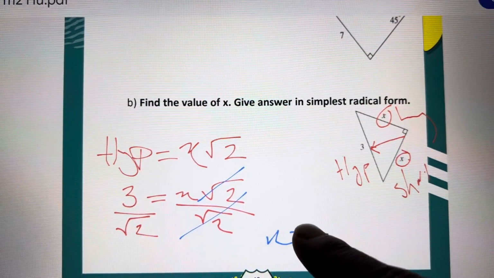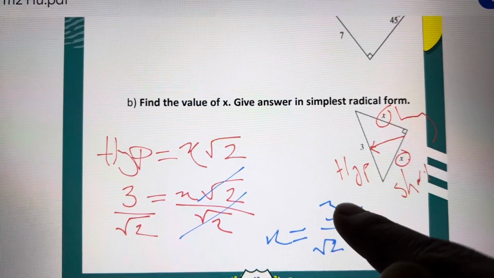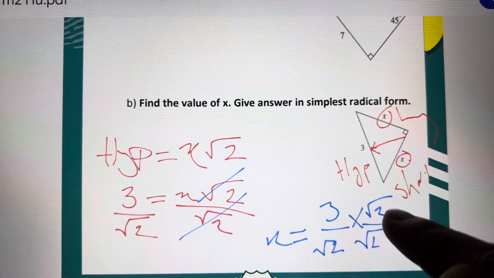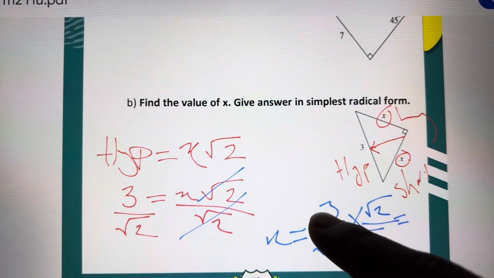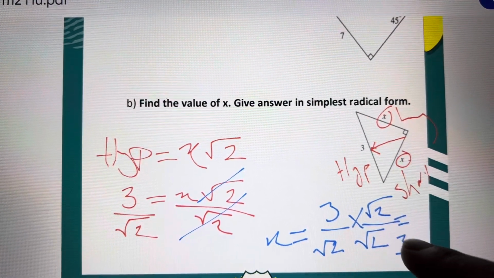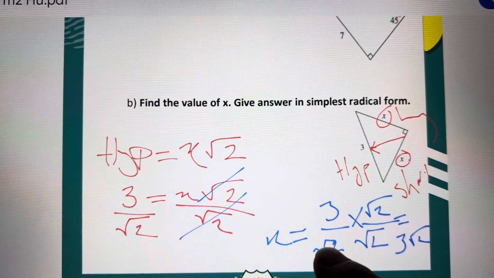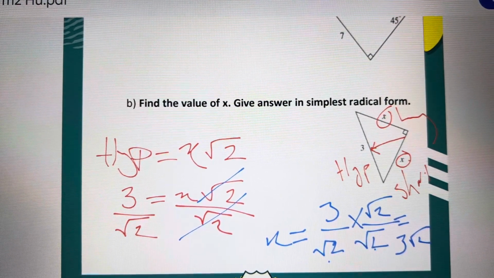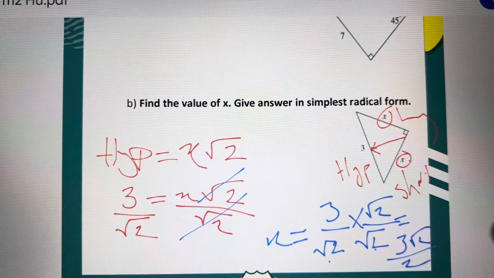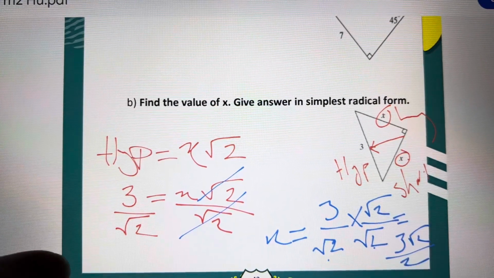I multiply numerator and denominator by square root of 2. 3 times square root of 2 is 3 square root of 2, and square root of 2 times square root of 2 gives me 2. That means my answer will be 3 over 2 square root of 2.